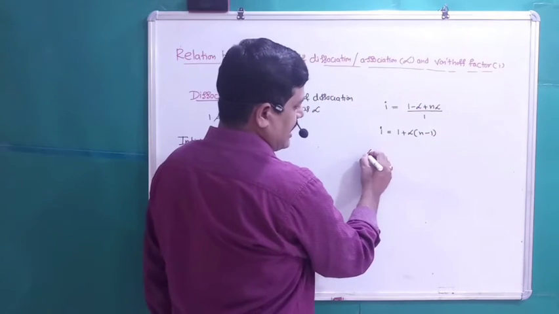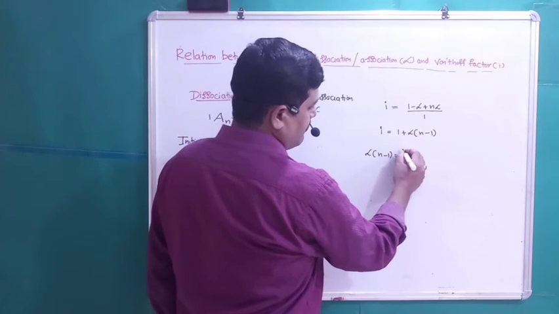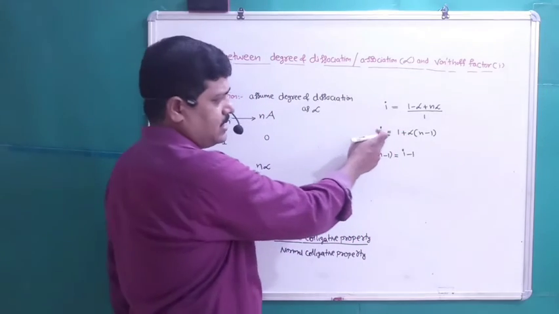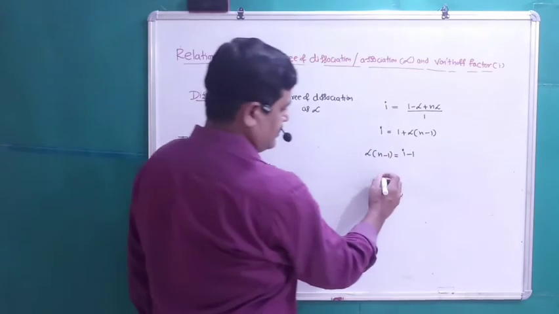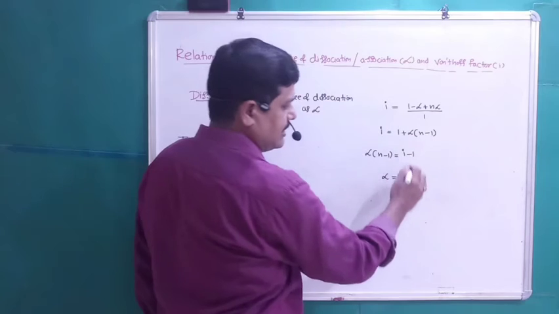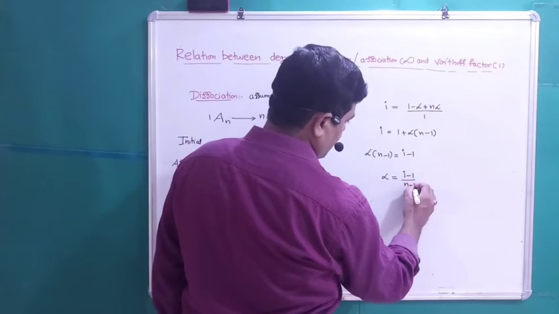So we can write alpha into n minus 1 is equal to i minus 1. By transferring this 1 to the opposite side of the equation, i minus 1 is equal to alpha into n minus 1. So alpha is equal to i minus 1 by n minus 1.